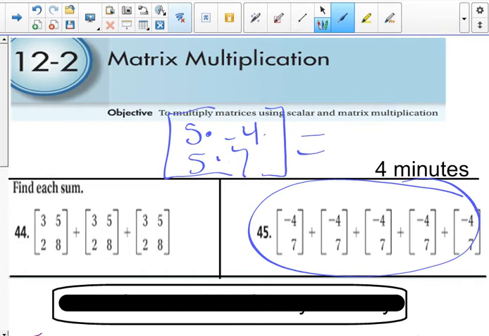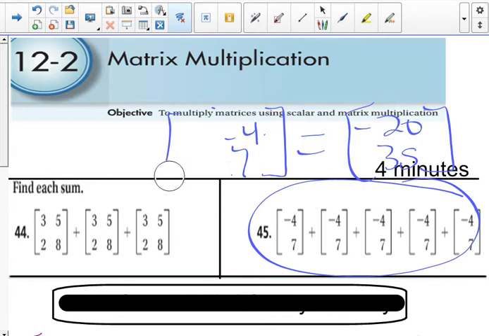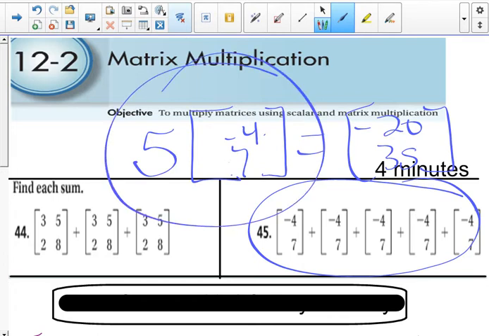Because it's just a 2 by 1 array. So it's going to be a -20 and a 35, right? So how can we rewrite that as scalar? Put the 5 outside the matrix. Okay, so this is what you're going to be seeing from here on for scalar multiplication.